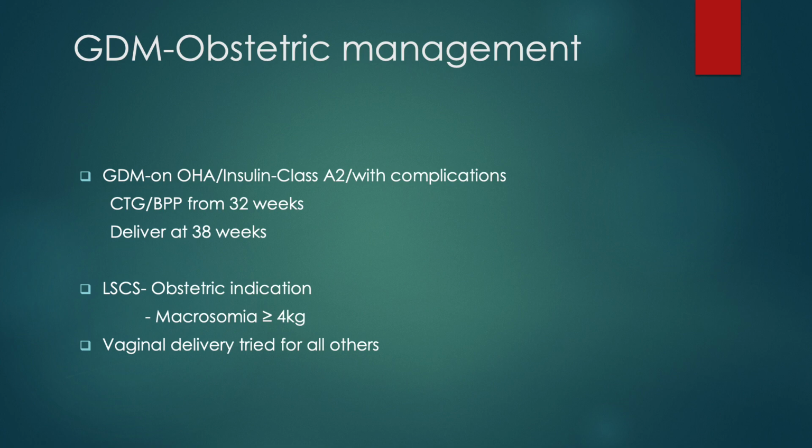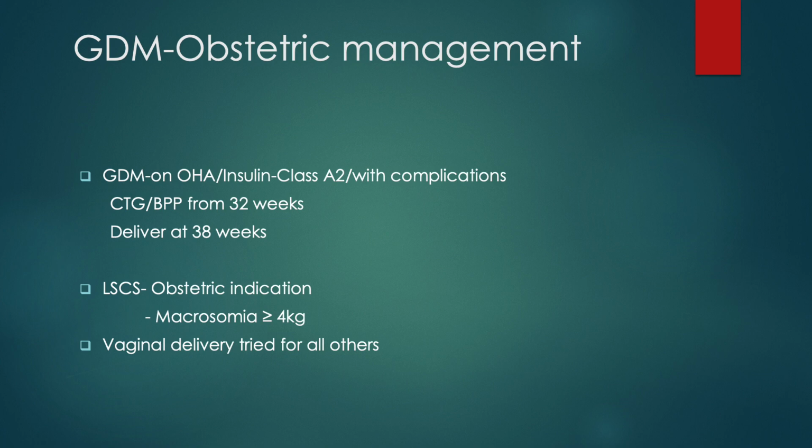Class A2 GDM, that is, those GDM patients whose glycemic control is achieved only with oral hypoglycemic agents or insulin. They are called GDM class A2. And along with class A2, class A1 patients where there are complications like preeclampsia, gestational hypertension, polyhydramnios, macrosomia, or IUGR, there is an additional risk of the fetus having hypoxia.